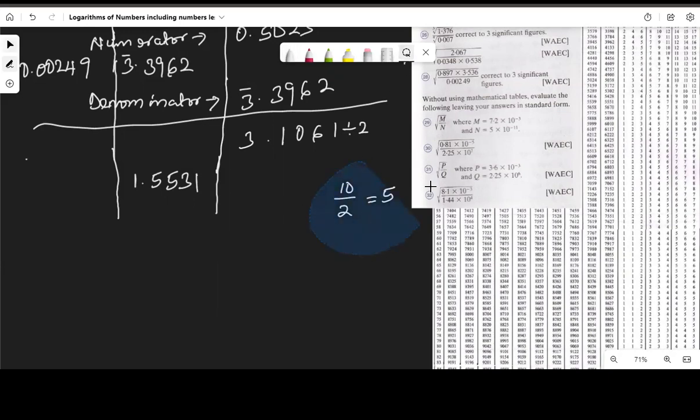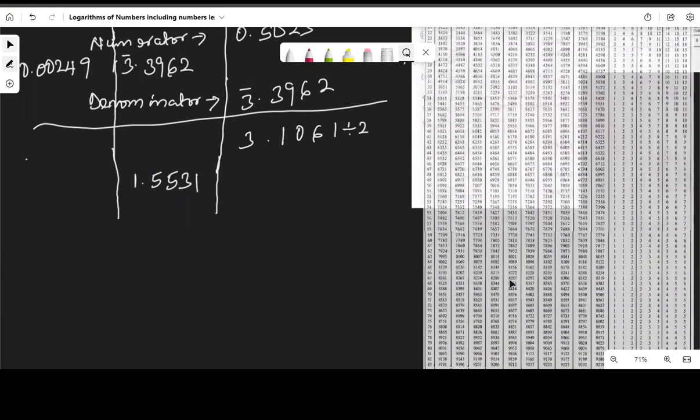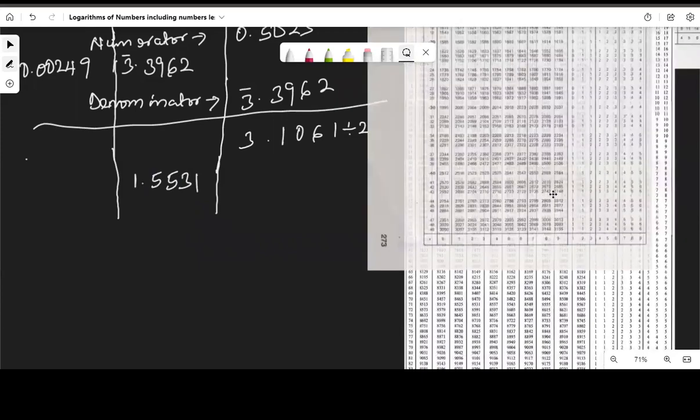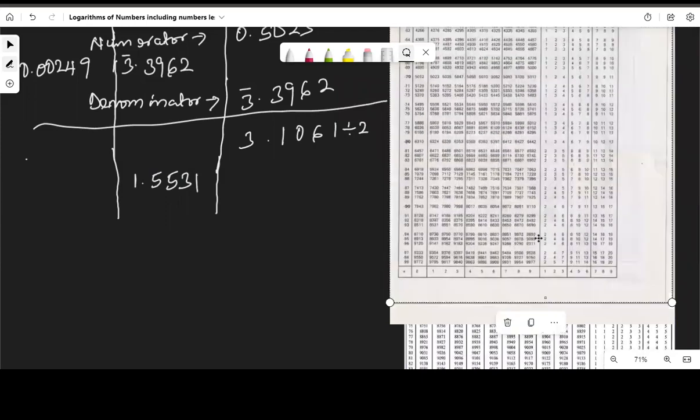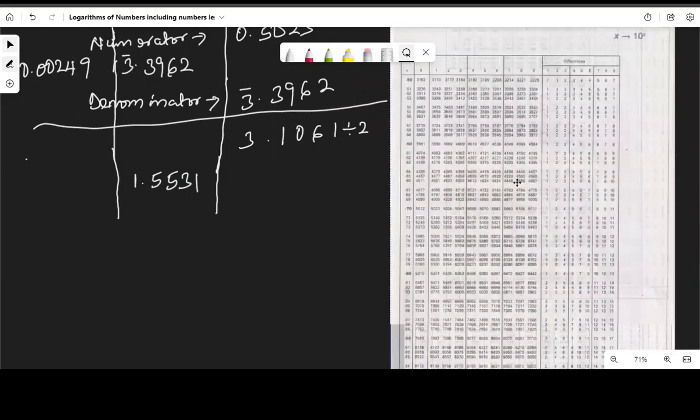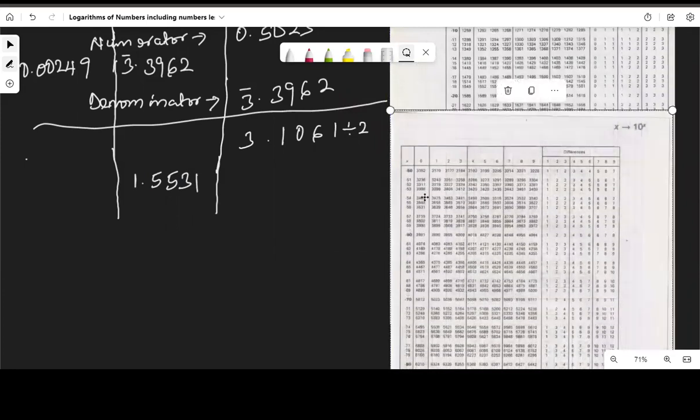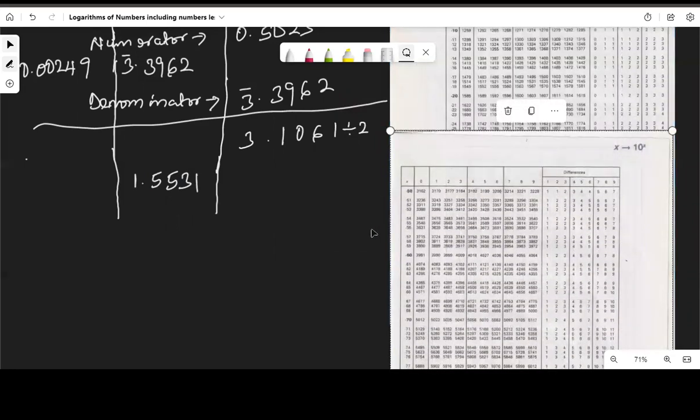Now I'll look for antilog of 55 under 3, difference of 1. Where is 55? 55 under 3 is 3573.